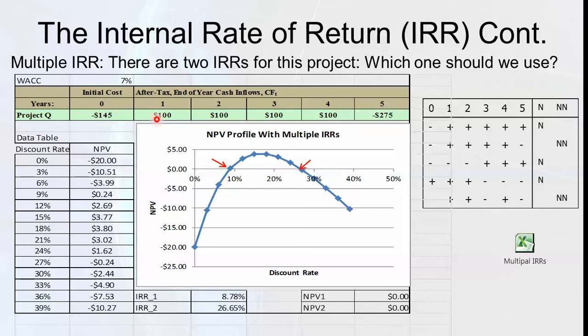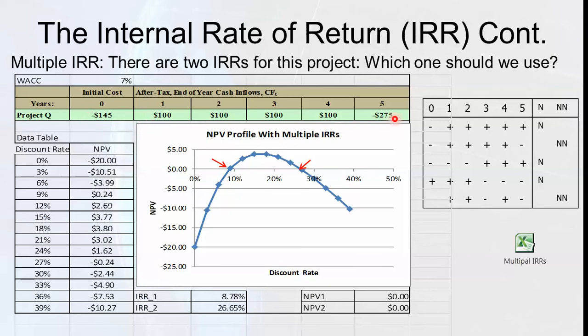If it has more than one sign change, this is a non-normal cash flow example. In this case, we have only one sign change, so it's normal. In this case, we have two sign changes, so it's non-normal. This one is normal, and this one is non-normal. So if the cash flow sign changes more than once, that's the example of non-normal cash flows.